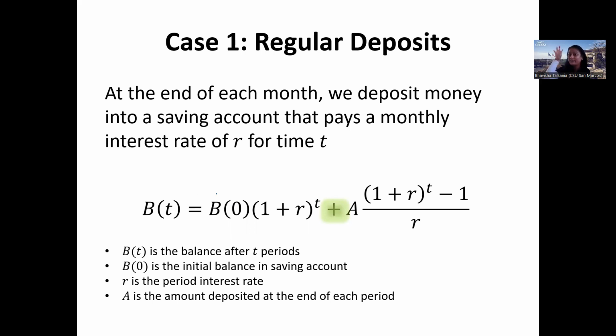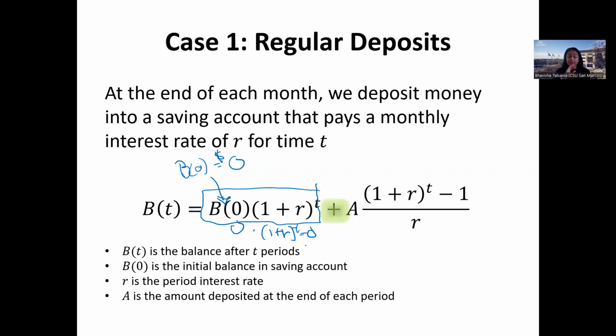For us, for Math 100, we will just assume that our balance in the starting will be 0. So you can see if it's 0 and then you multiply it by anything, you'll just get 0. So we will not be using this part of the equation in Math 100.